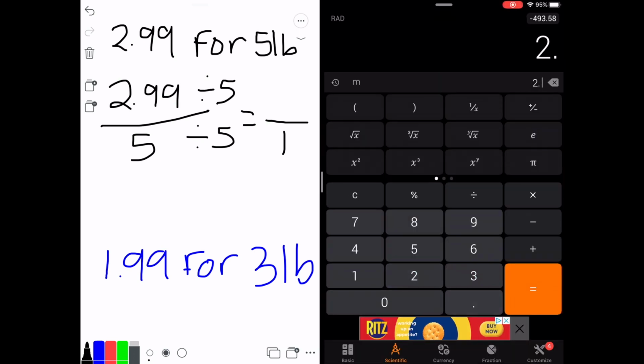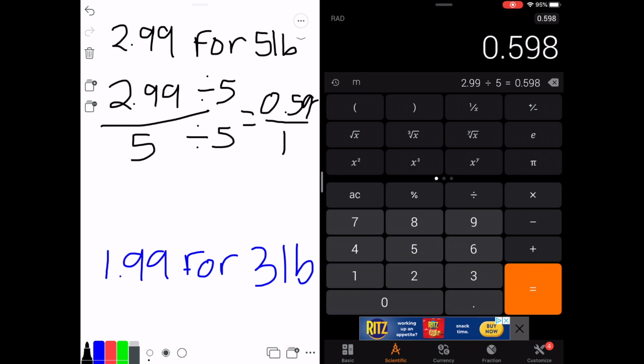So 2.99 divided by 5 equals 0.598. So that means that 1 pound is about 59, well, if we round it would be 60 cents for 1 pound of apples at Meijer.